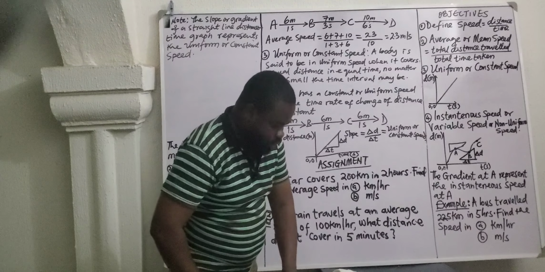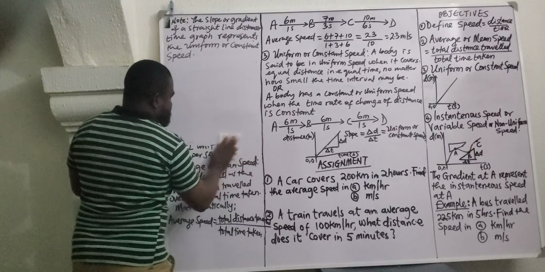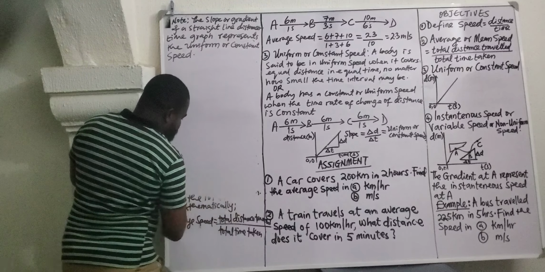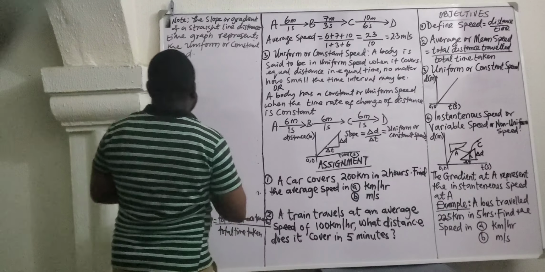Let's move and talk about the next quantity, number 4, that is variable speed or non-uniform speed or instantaneous speed.